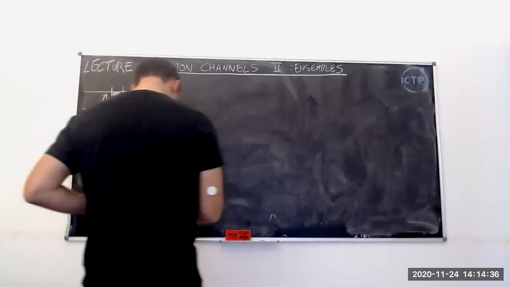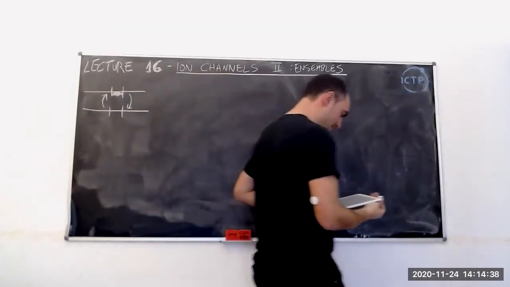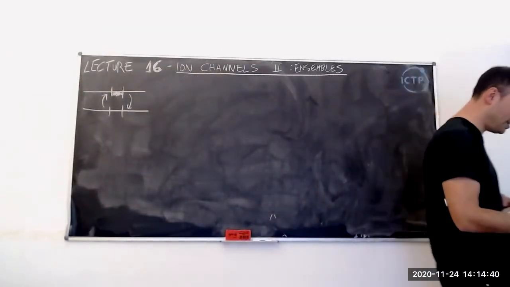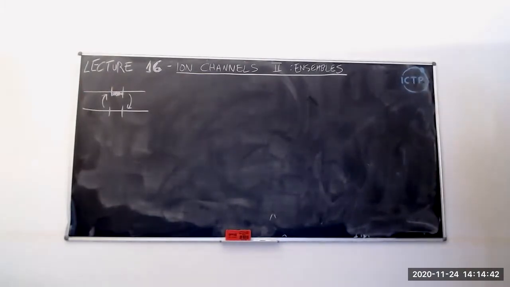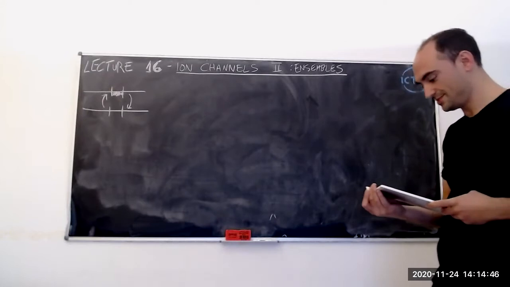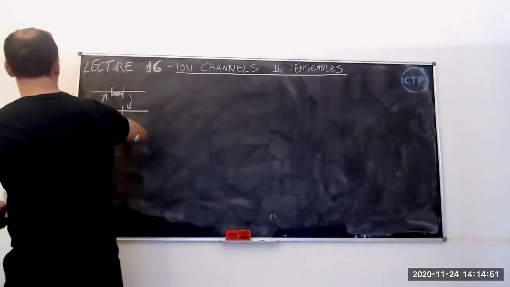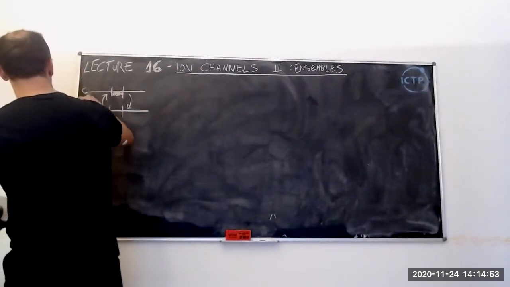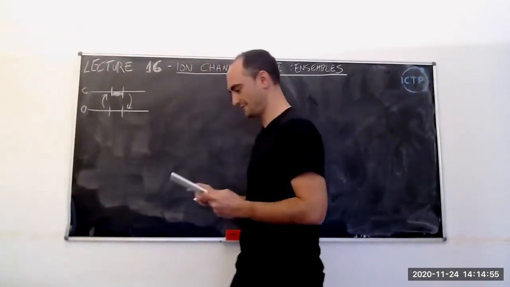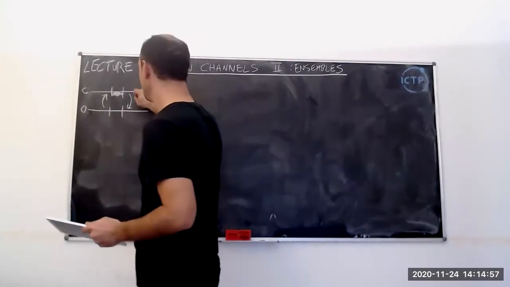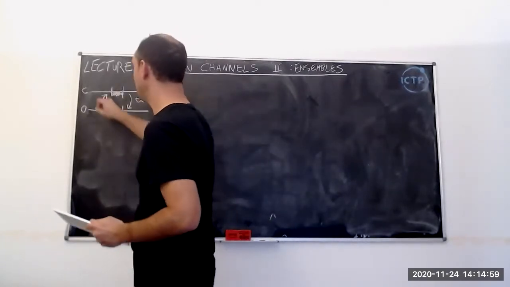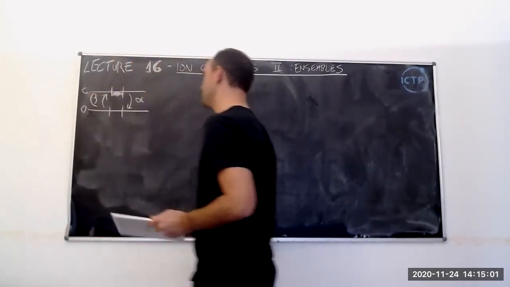If you remember well, I was giving a very simple model, in which I had two rates. This was continuous time, discrete states. This was the closed configuration, C, and this was open, and there were rates: a rate alpha to open a channel, and a rate beta to close a single channel.